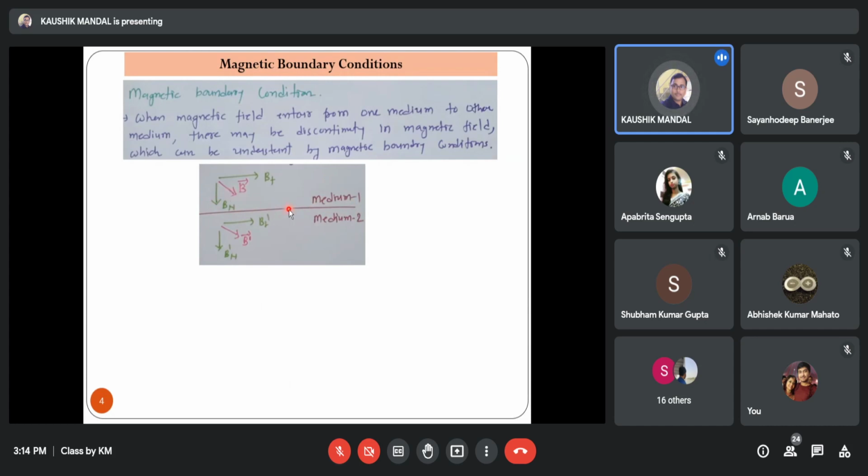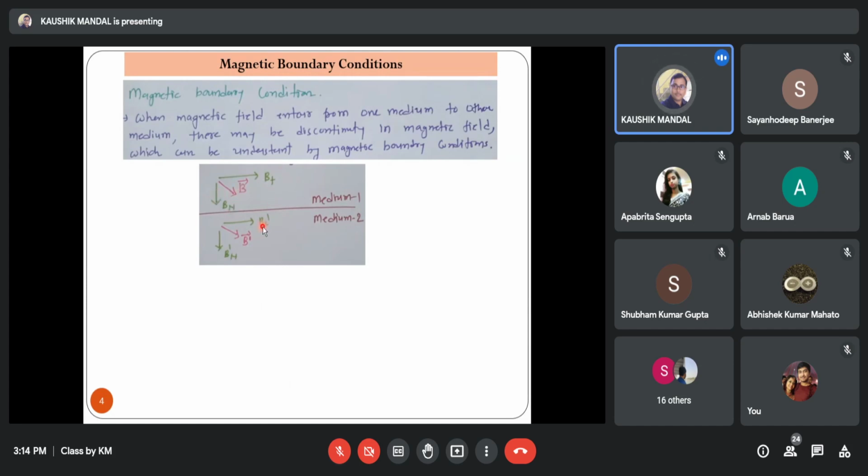If we consider the magnetic field in both media, we have to deal with two components, Bt and Bn: one is the normal component and the other is the tangential component. So in each medium we deal with the normal and tangential components.